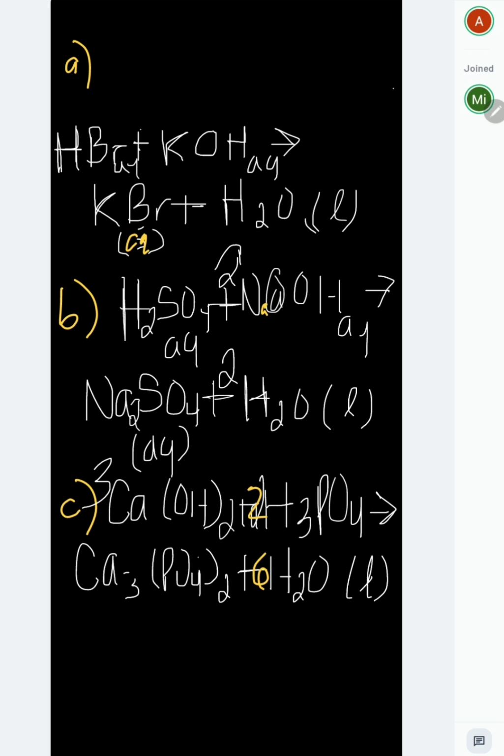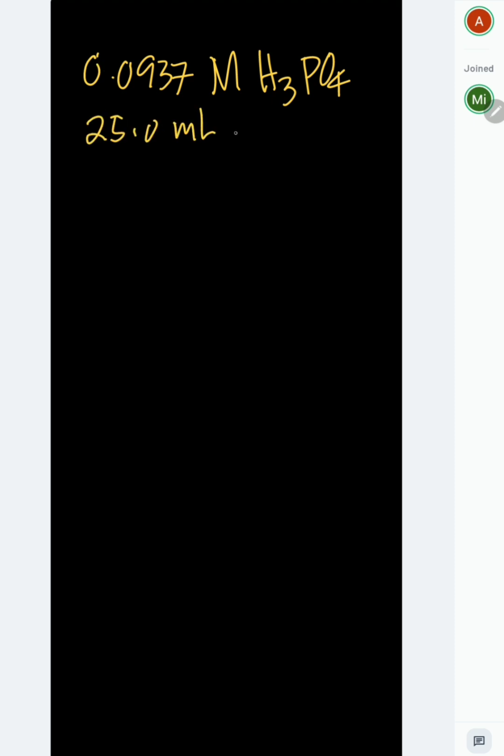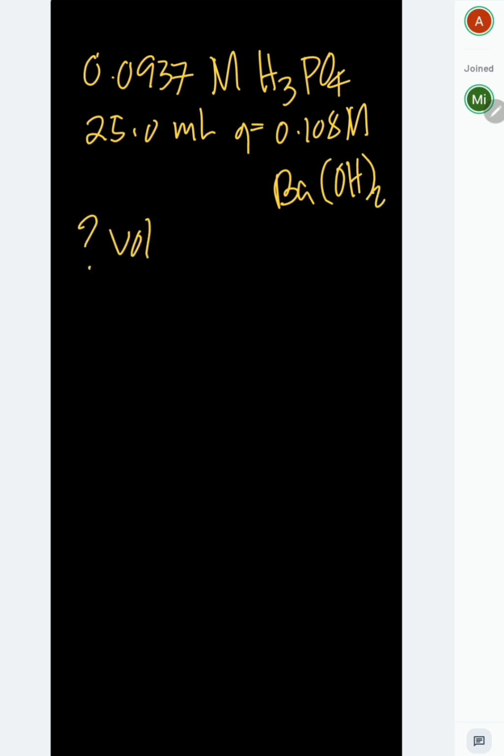What volume of 0.0937 molar H3PO4 is needed to neutralize 25.0 ml of 0.108 molar barium hydroxide? So you get the volume of H3PO4.